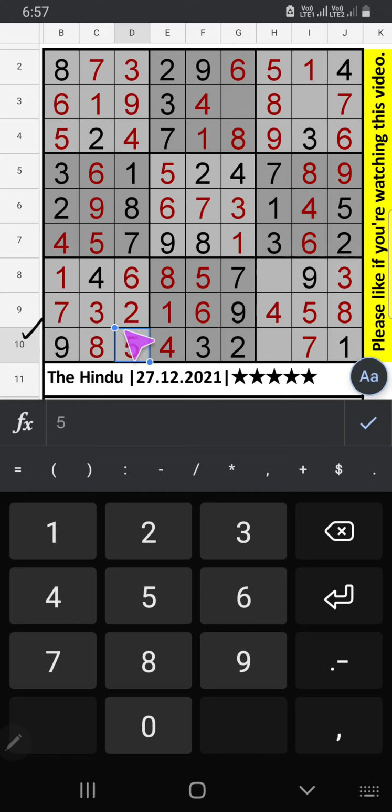Then in the 10th row only one number remaining, number 6 will be here. In this grid only one number is remaining, number 2 will be here. Then in column I only one number remaining, number 2 will be here. In the second grid only one number remaining, number 5 will be here.